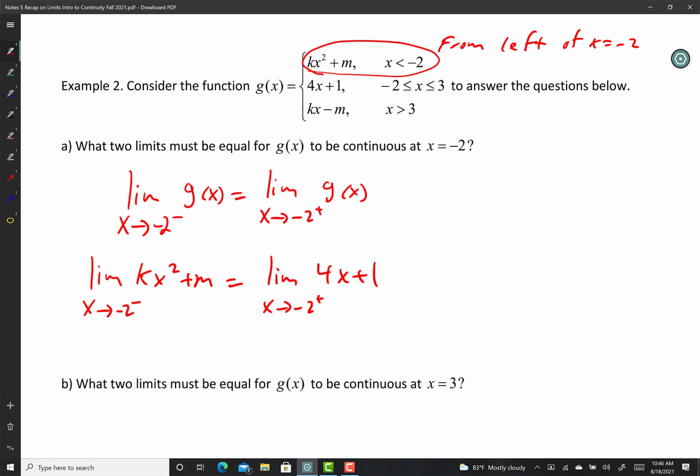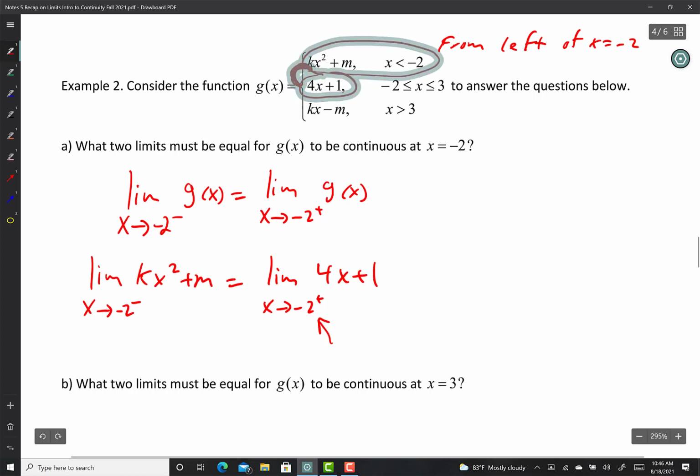I'm approaching negative 2 from the right. These two right here must converge on the same y value at negative 2 for it to be continuous, because it's a piecewise function.